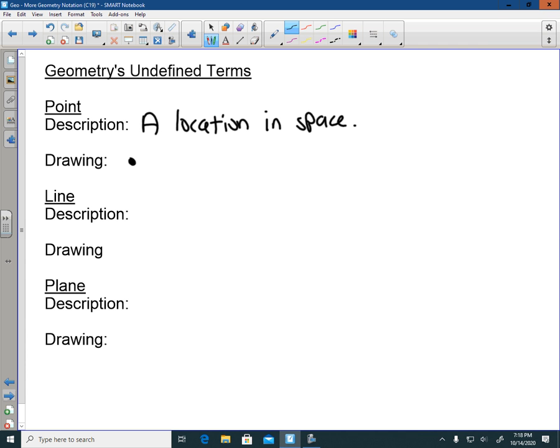And there's ways to describe lines, but one way that I like to think of it is that it is an infinite arrangement of points.